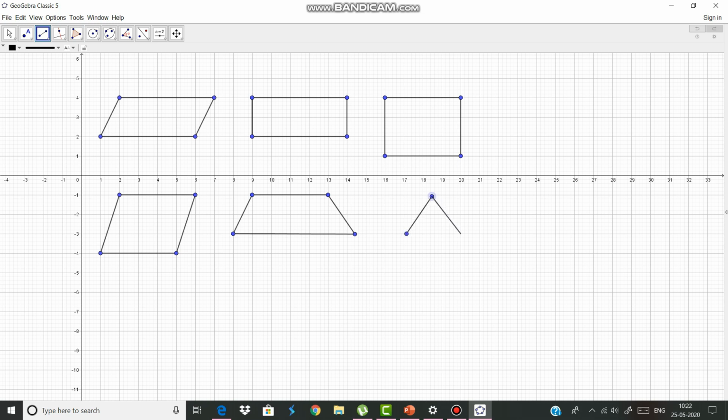And the kite looks like this. Why are these special?